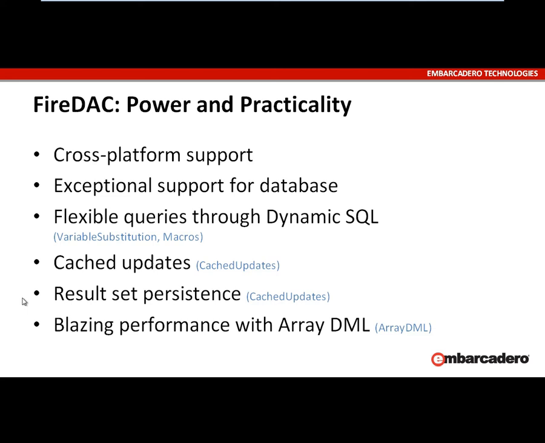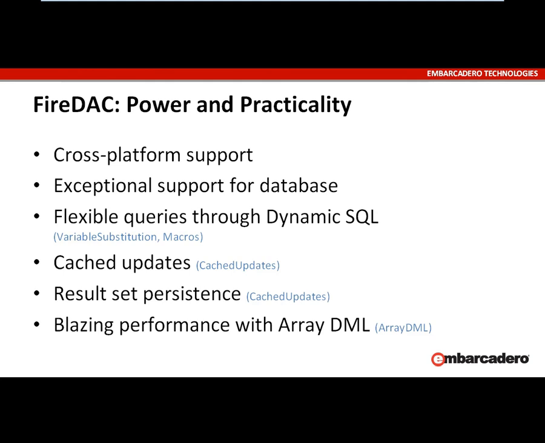Another capability in FireDAC datasets is result set persistence. Essentially, like you can do with the client dataset, you can say save to file or save to stream to store the contents of the dataset. This can also be used to store the cached change log if you were in cached updates mode at the time that you said save to file.